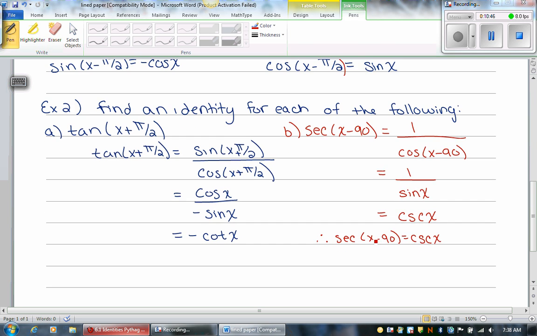Okay, so that's the identity. The identity over here, we have tangent of x plus pi over 2 is equal to negative cotangent x. So those are just separate identities that we were able to create using our cofunction identities.